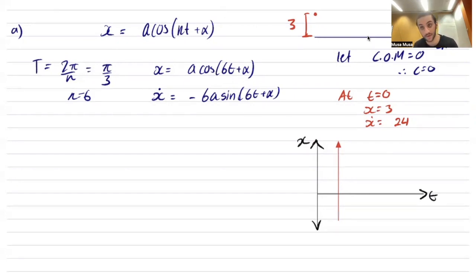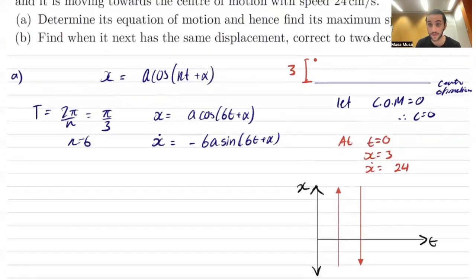If you have negative velocity, it means the change in your displacement is negative, and it means you're moving down. So if you're moving towards the center of motion, and we've defined the center of motion to be x equals 0, and you started off at 3, that means you have to have negative velocity because you're going downwards, okay? So this is going to be negative 24.